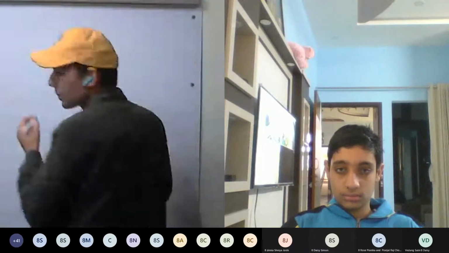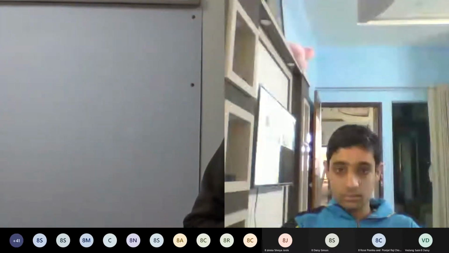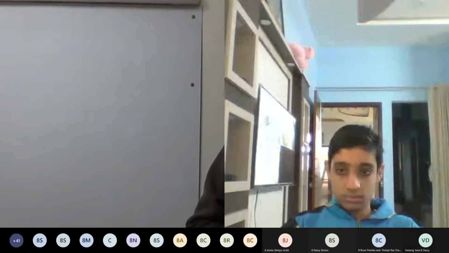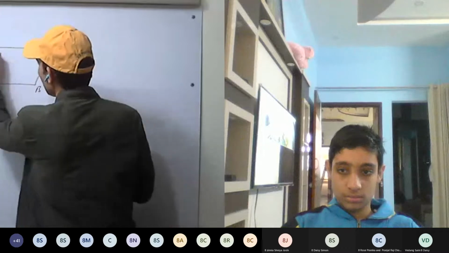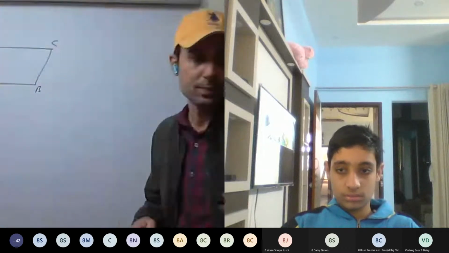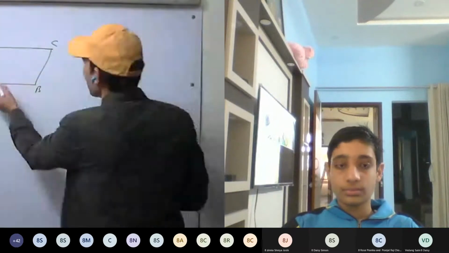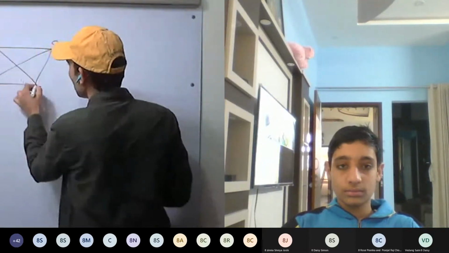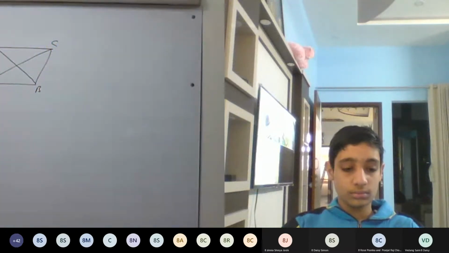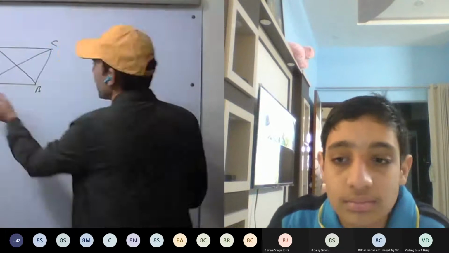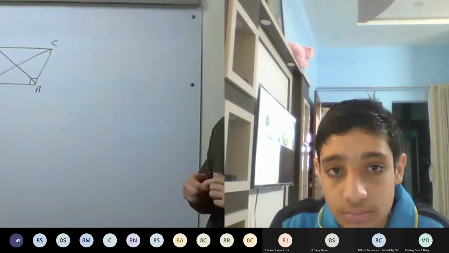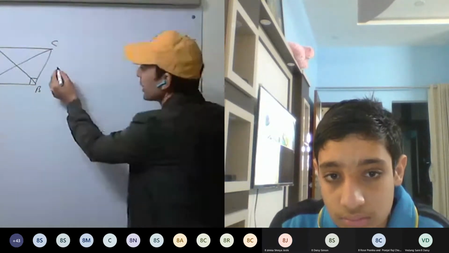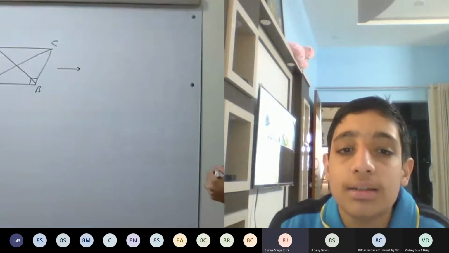If AC equals BD, okay, we draw the figure. ABCD is a parallelogram. If diagonals are equal in a parallelogram, will angle ABC be 90 degrees or not? If diagonals are equal in a parallelogram, then that parallelogram will become a rectangle.